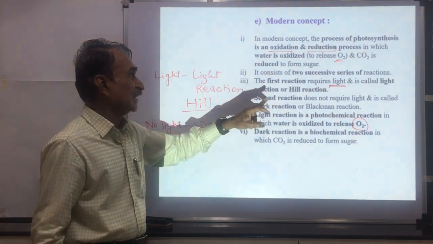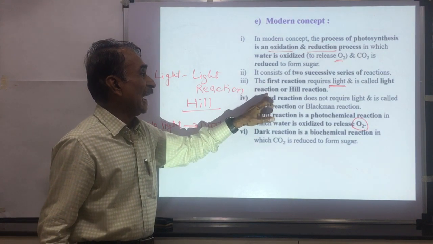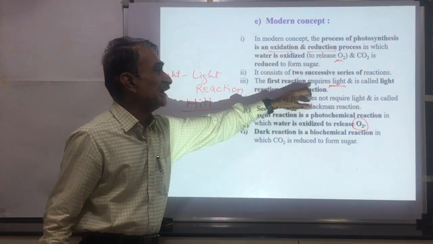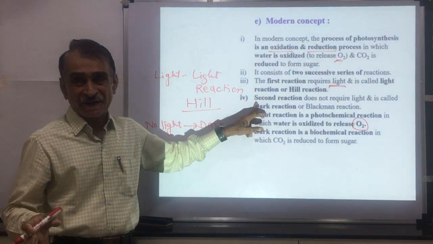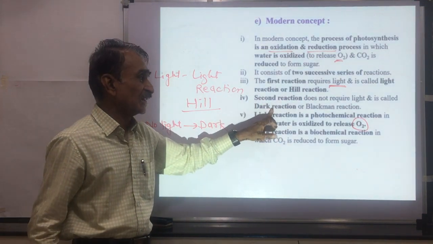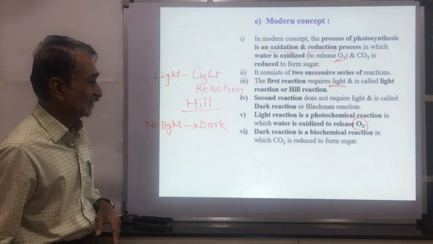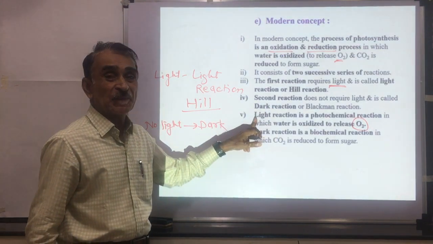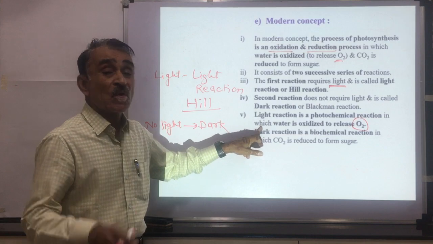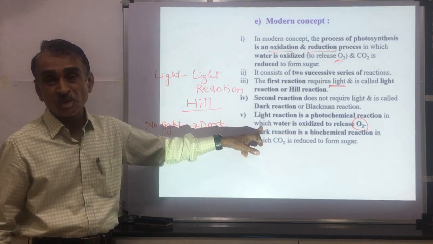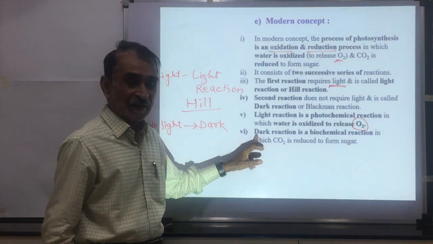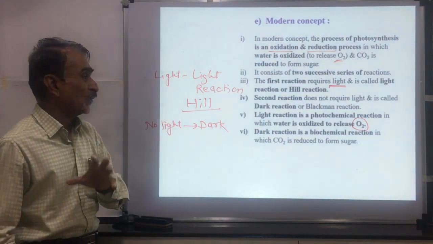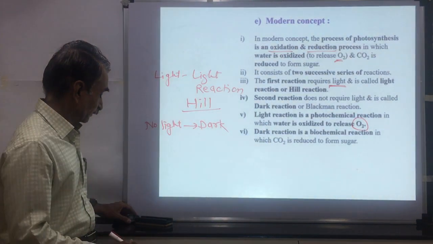The first is called the light reaction or Hill reaction, which requires light. The second does not require light and is called the dark reaction or Blackman reaction. Light reaction is a photochemical reaction in which water is oxidized to form oxygen. Dark reaction is a biochemical reaction in which CO2 is reduced to form carbohydrates.